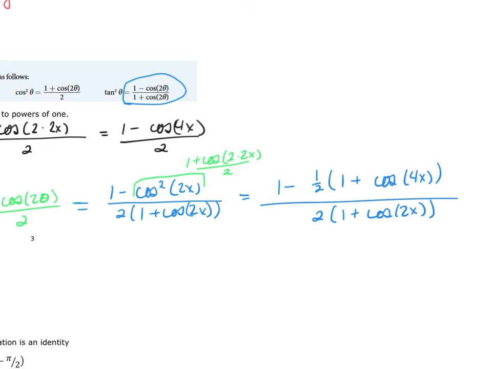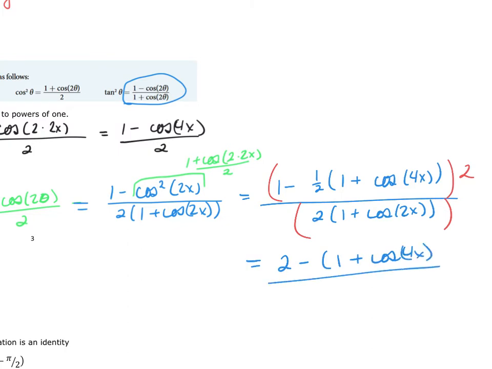Now I'm going to multiply everything by 2 so I don't have that nested fraction. And when I get done, I'm going to get 2 minus 1 plus the cosine of 4x over 4 times 1 plus the cosine of 2x.